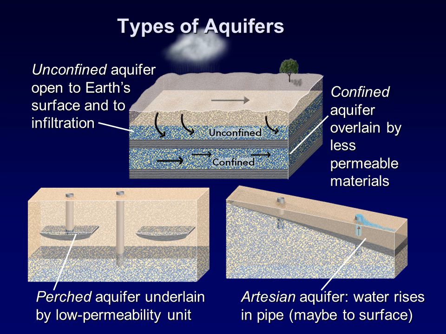Okay, the bottom left image here is showing us a perched aquifer. A perched aquifer is underlain by a low permeability unit. So if you look below what looks like these little boats, which are the perched aquifers, okay, we've got a less permeable unit here, which is the dark gray shale.